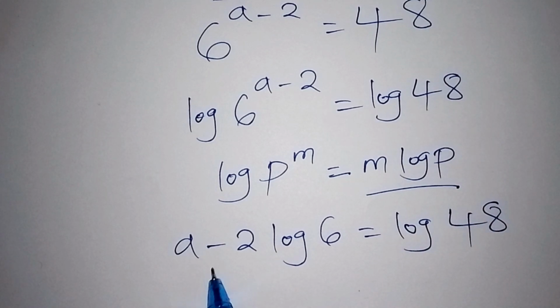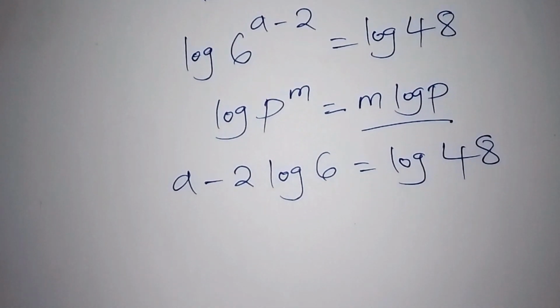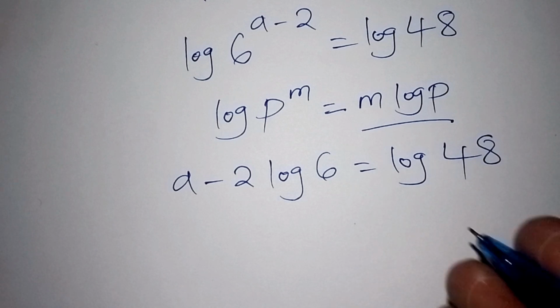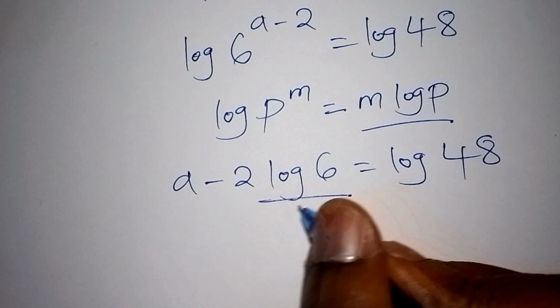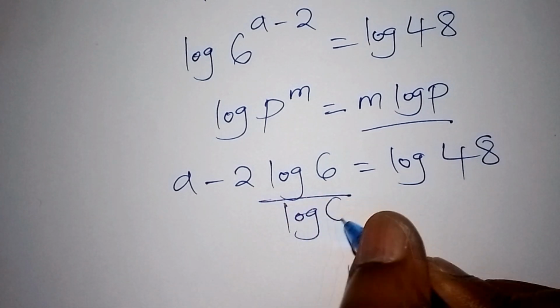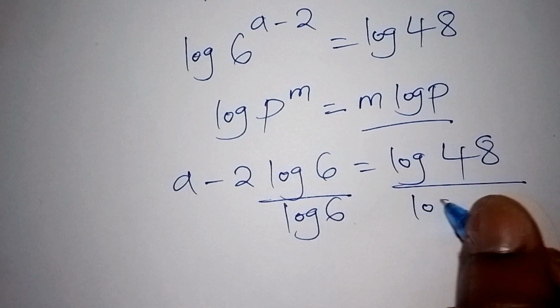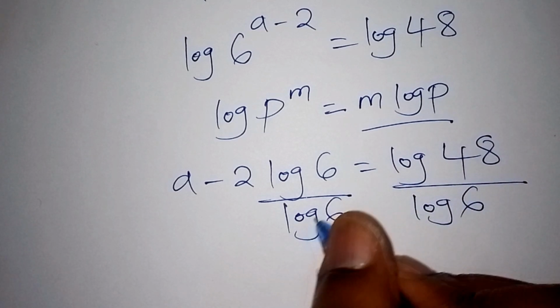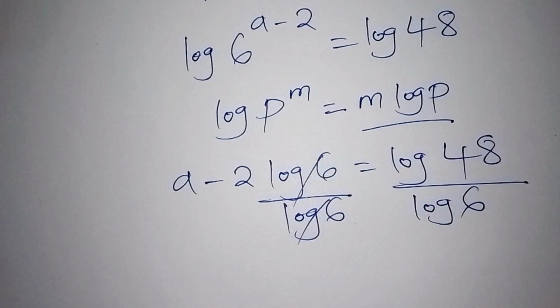From here we want to leave a minus 2 on this side only. To do that, we need to divide both sides by the log of 6. So the log of 6 and the log of 6 cancel.